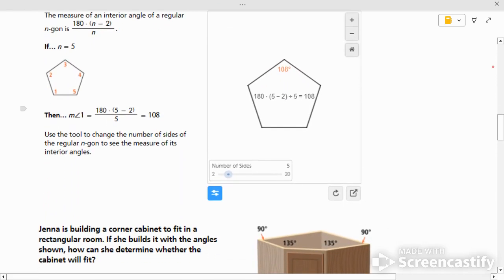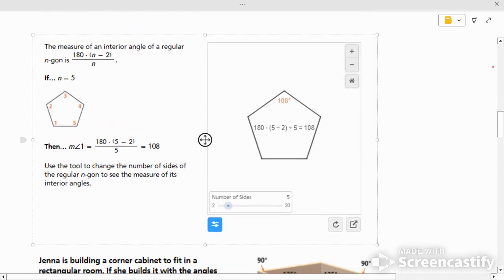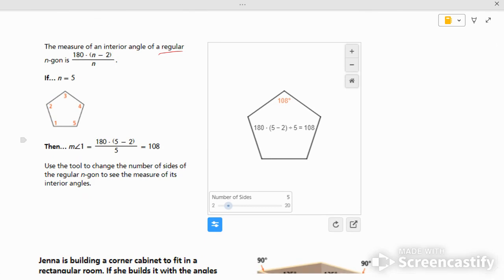Okay. So on this side, this one, there's 5. If this is a regular polygon, in a regular polygon all the sides are equal and all the angles are equal. So in a 5-sided polygon, 5 minus 2 times 180 is 3 times 180, or 540.